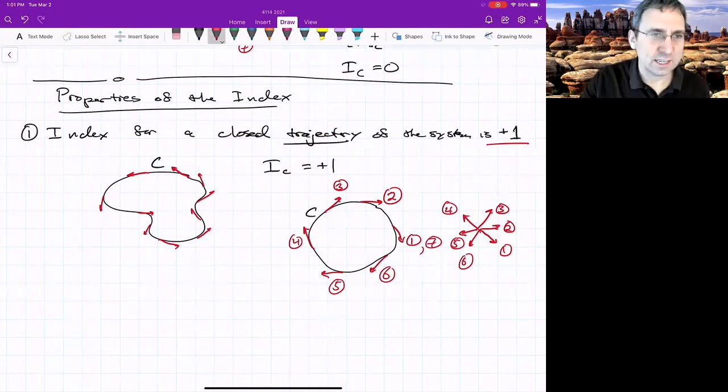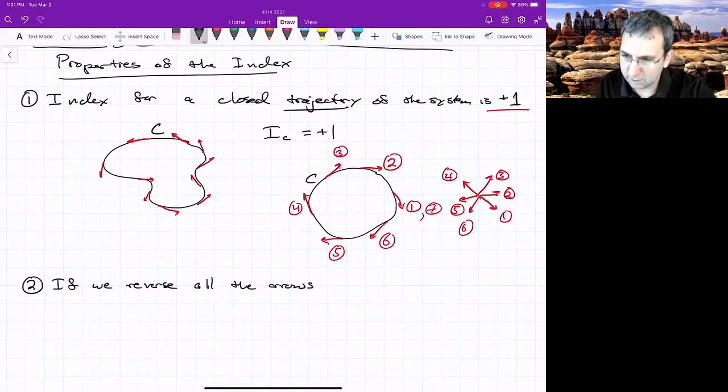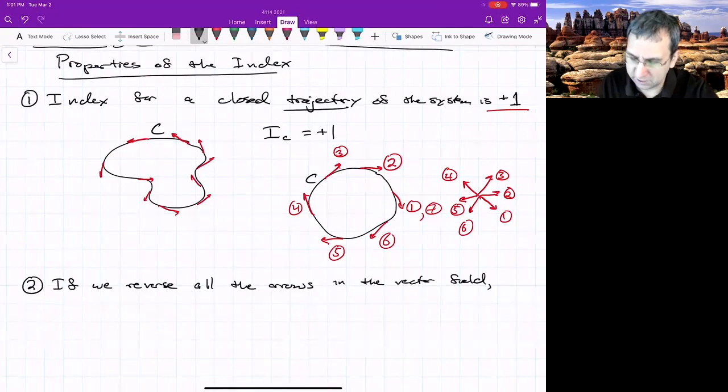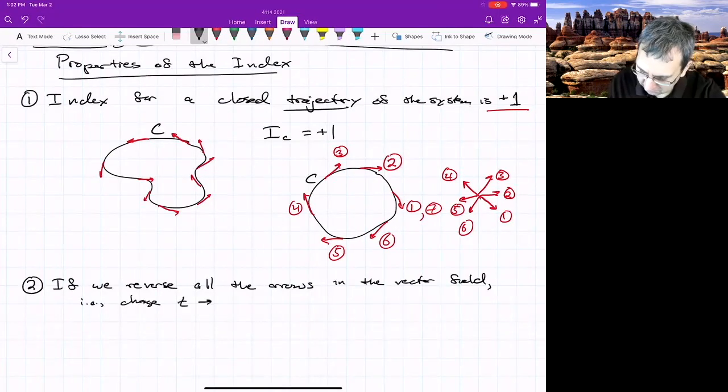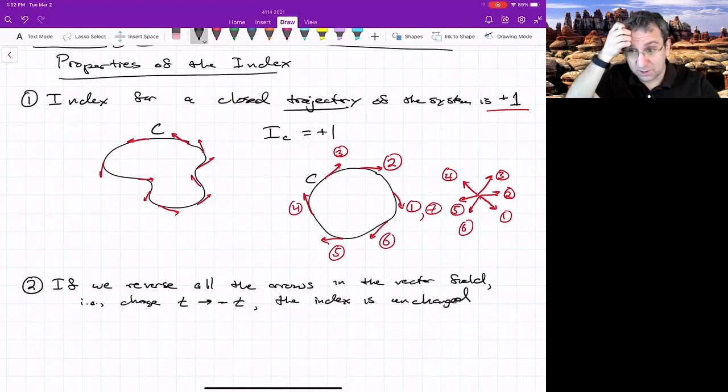Which sort of naturally leads to another point, which is that if we reverse all the arrows in the vector field, and that's equivalent to changing t to negative t, it's like a symmetry, the index is unchanged. And what's the proof of this? All the angles go from phi to phi plus pi. They just change direction.